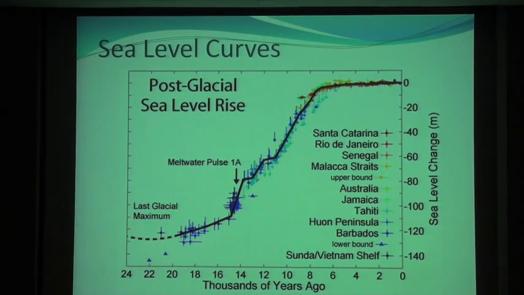These are the types of sea level curves. This is from Fleming 98. And they show, from the last glacial maximum at about 21,000 years ago, as the glaciers in the northern and southern hemispheres started to melt, sea level started to rise. At the last glacial maximum, sea level reached somewhere between 120 and 130 meters below present sea level.